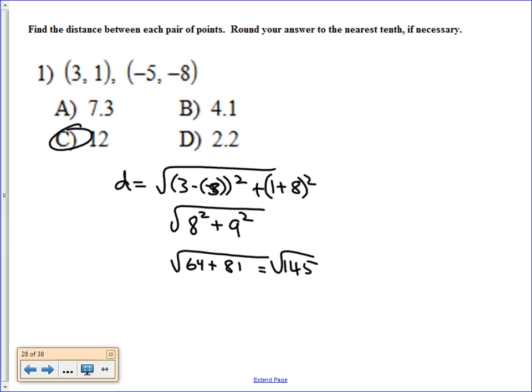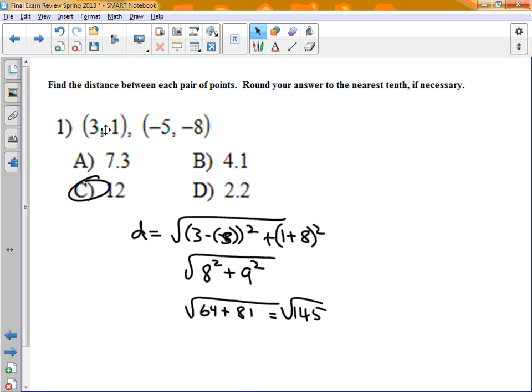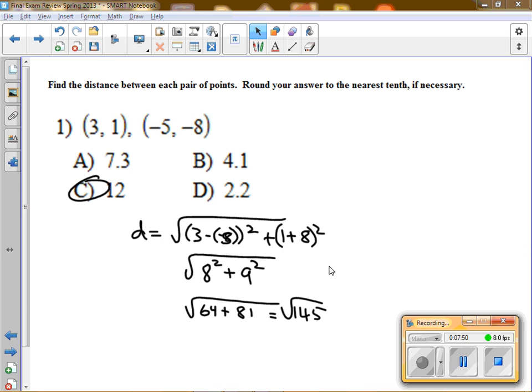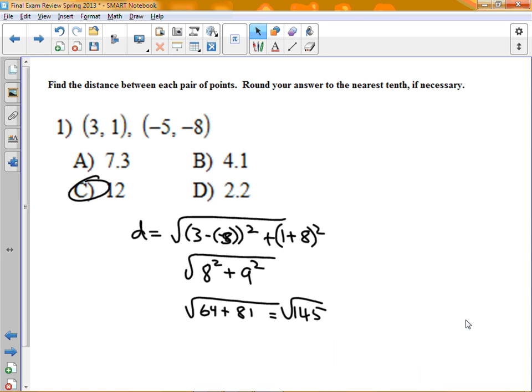If you were asked to simplify the square root of 145, it would be one thing.